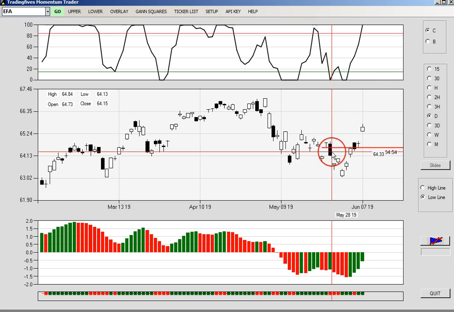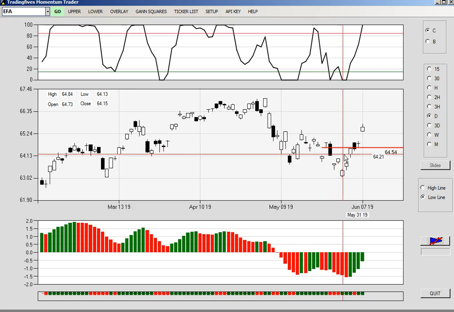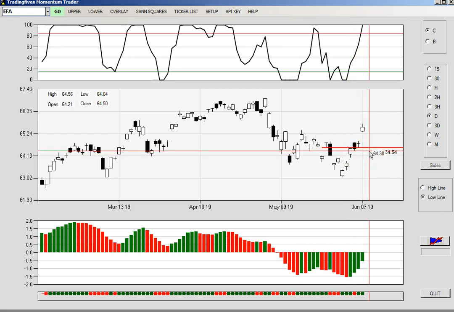Okay, we move on again. We have a green bar followed by a series of red histogram bars, followed by a series of green histogram bars in current time.